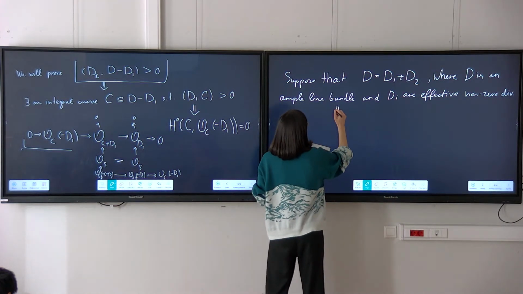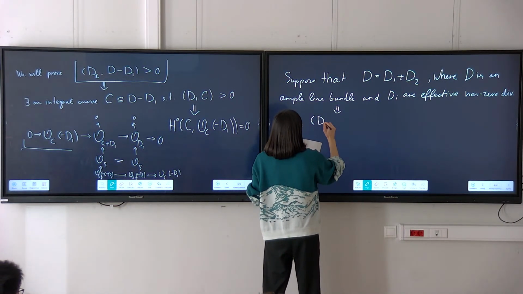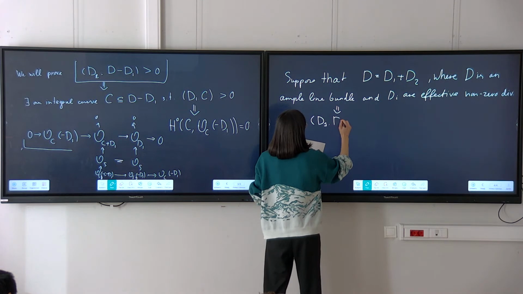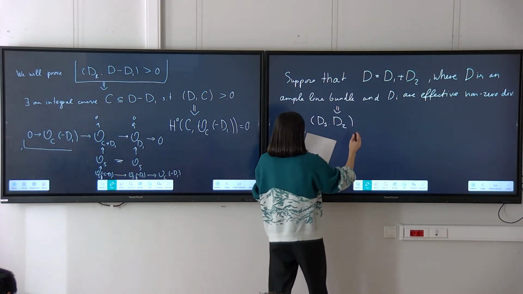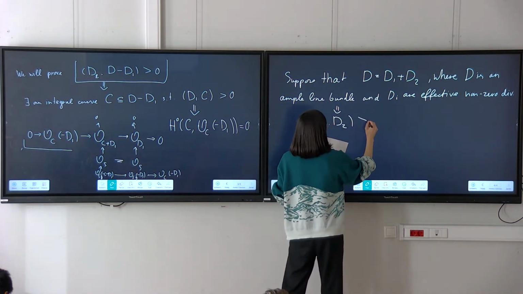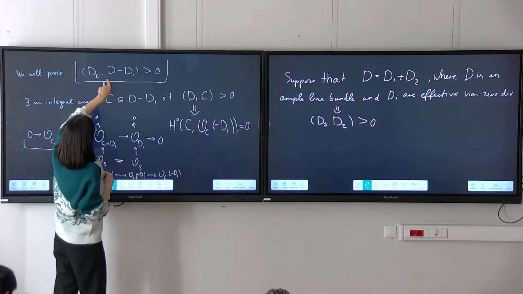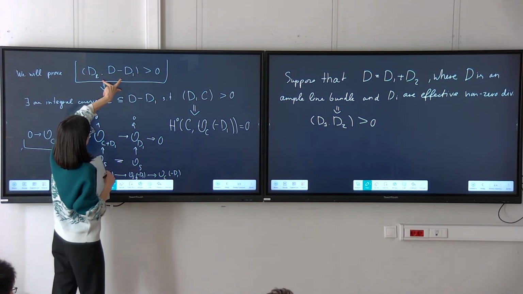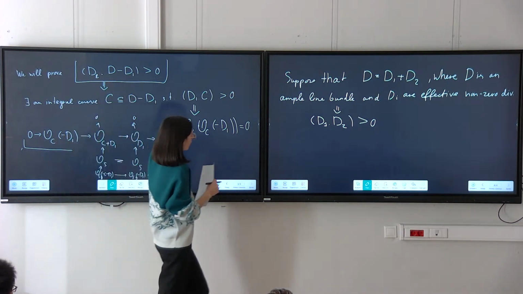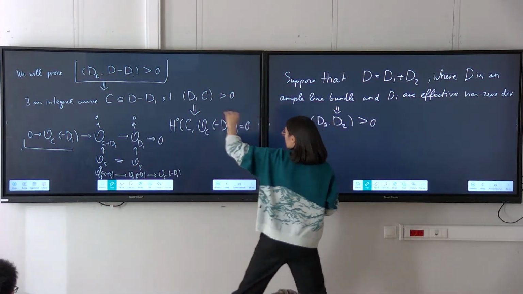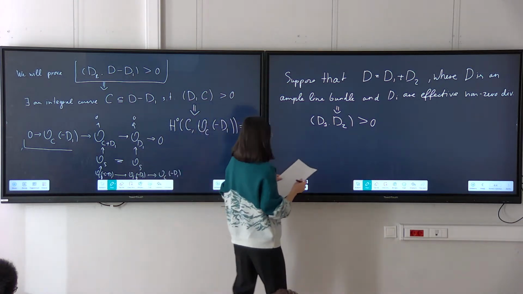Then I claim that their intersection is positive. And this is our case. So D is just the sum of D minus D1 and D1, and these are two effective divisors, just because D1 was a subdivisor in D.